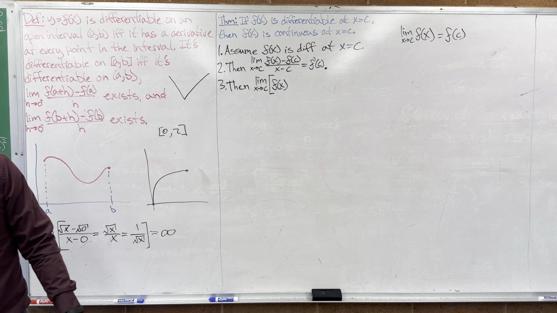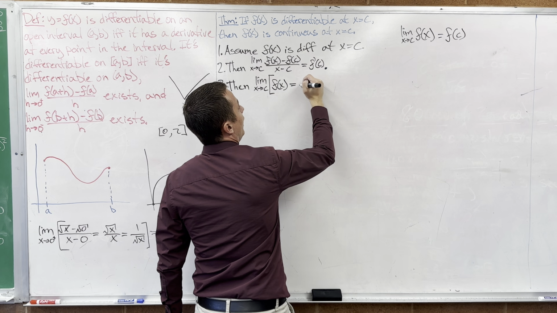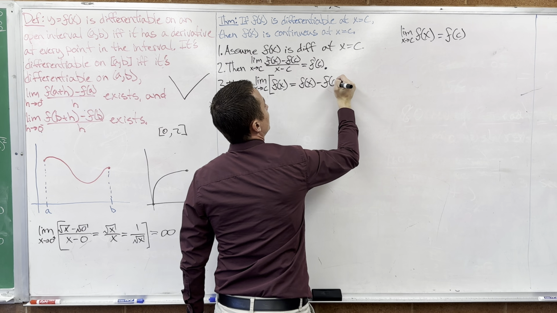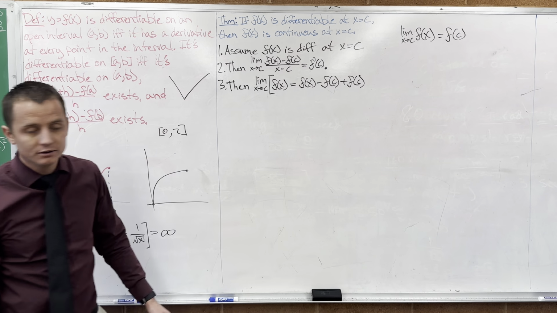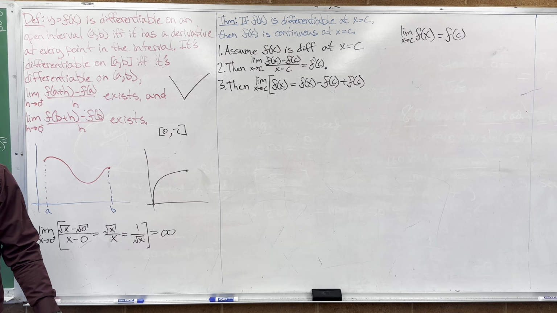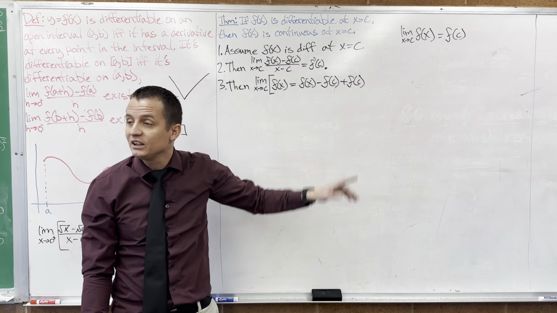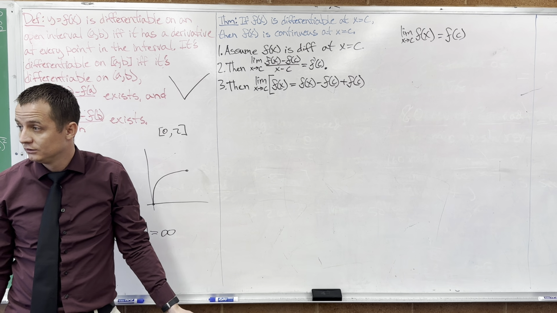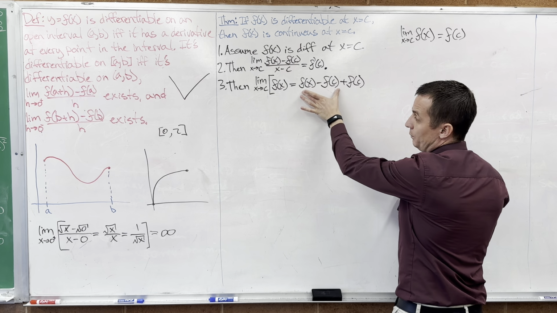Okay, f of x is for sure equal to f of x minus f of c plus f of c. I haven't cheated, right? You have not cheated. No cheat. I just subtracted f of c and added f of c. Okay. I'm going to multiply and divide these two, top and bottom.